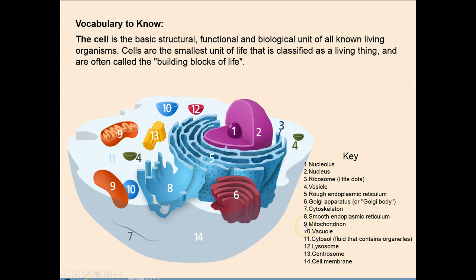The mitochondria are the powerhouses. These are the power generators that are required, and you can have more than one in a cell depending on the type of activities and the requirements for forming energy or requiring the use of energy. The vacuole, 10, are storage facilities. Could be fats or oils or water, various things.